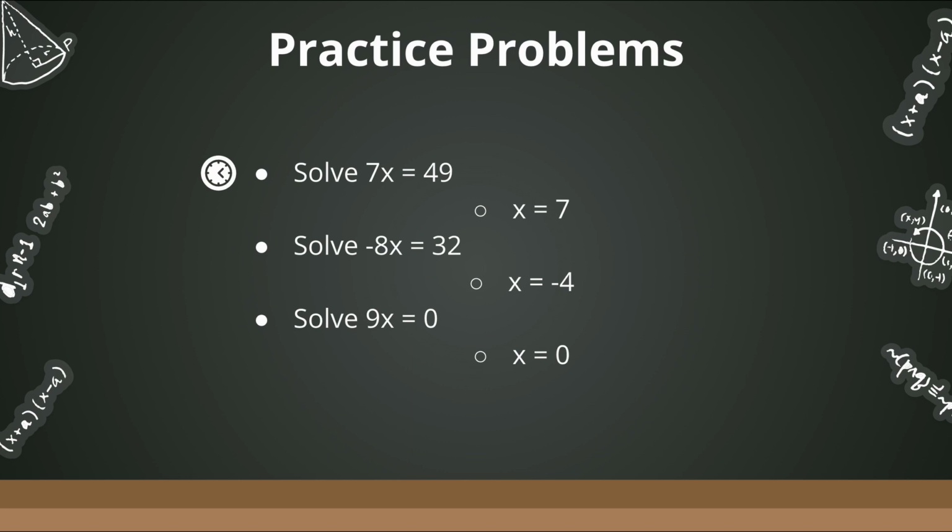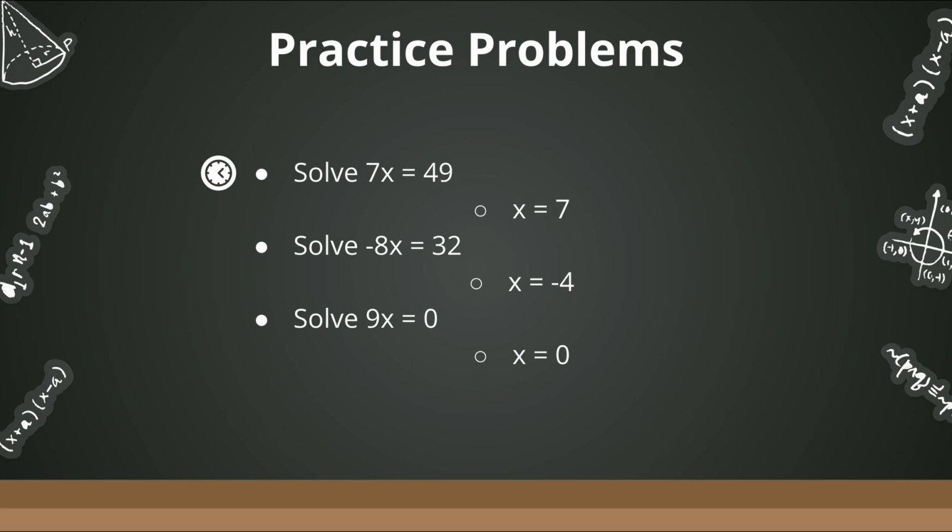Let's see the second one. Dividing both sides of negative 8x equals 32 by negative 8 gives x equals negative 4. So the answer for question 2 is negative 4.